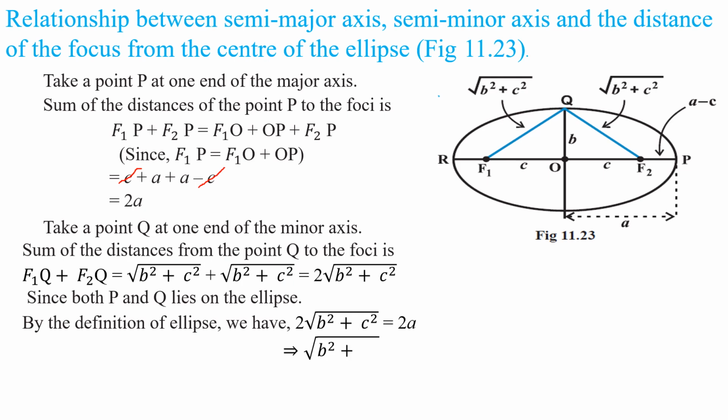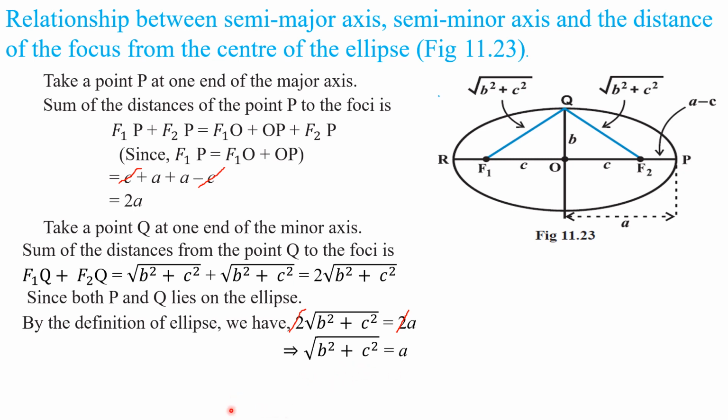This implies root of b square plus c square is equal to a. Understood this statement, children? Here on both sides 2 gets cancelled. Then we get root of b square plus c square is equal to a.